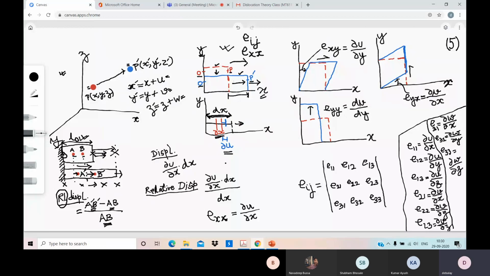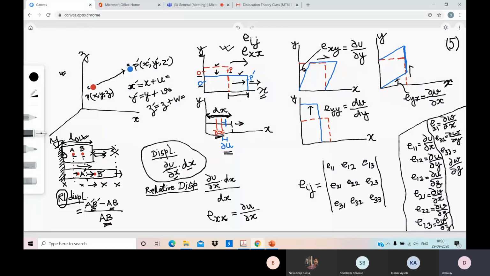So what is the relative displacement? To know the relative displacement, we first need to calculate what is the total displacement. So if del u is the small displacement on a length del x, then on the length dx, how much will be the total displacement? Del u by del x into dx.